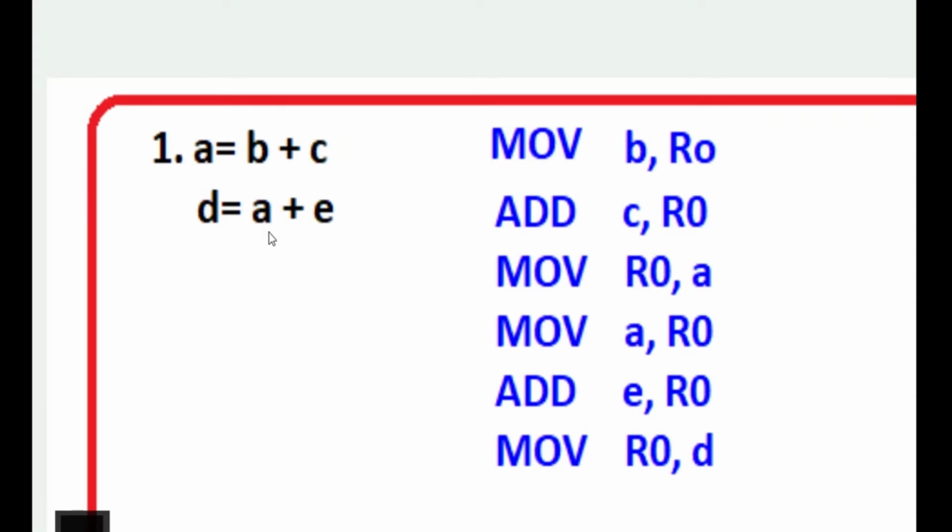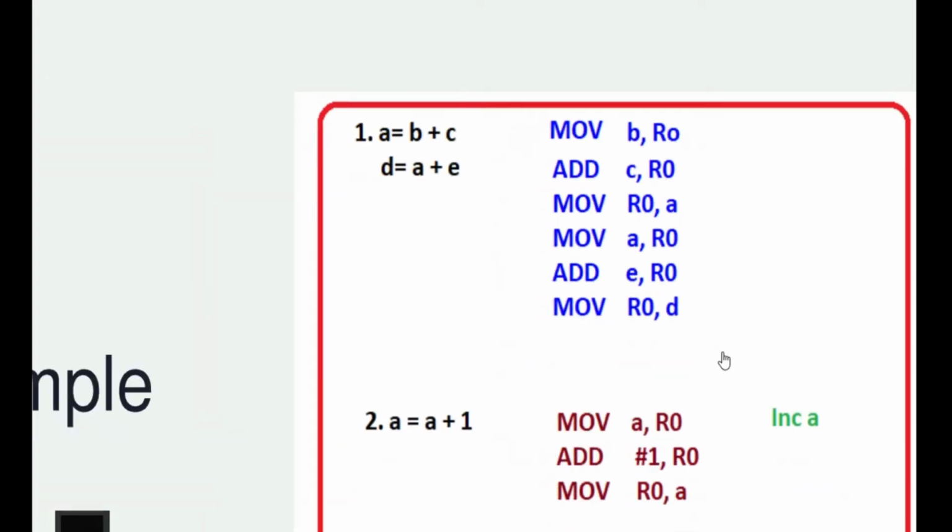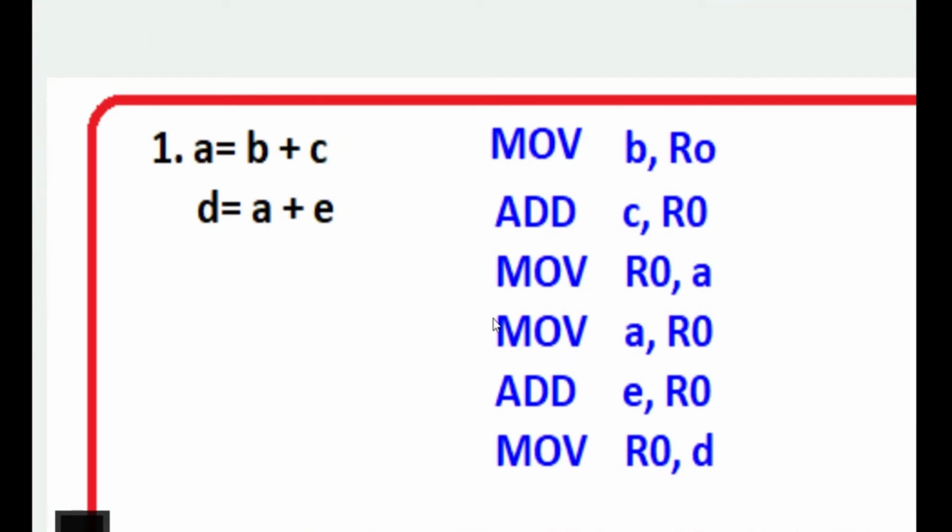And for this expression, we will move value A to register R0. Then we will add E to the value that is stored in register R0. Then finally we move the result that is stored in register R0 to D. So in this example, the fourth statement, that is MOV A, R0, is redundant, isn't it? Because see, in the previous statement, in the third statement, already the value of A is stored where?